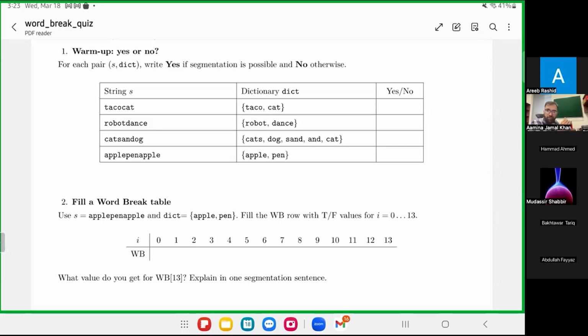If S was an empty string, then WB of 0 is the answer to that string. Yes, absolutely, Javeen, WB of 0 represents an empty string. Yes, WB of 0 is always true.